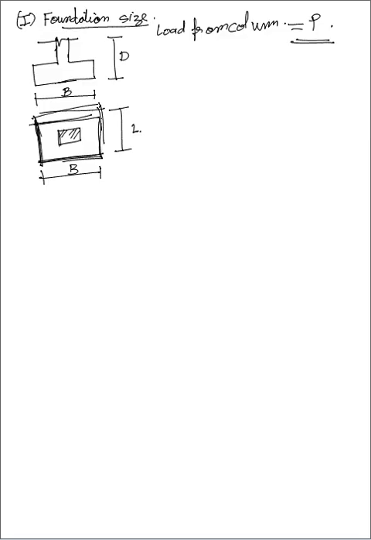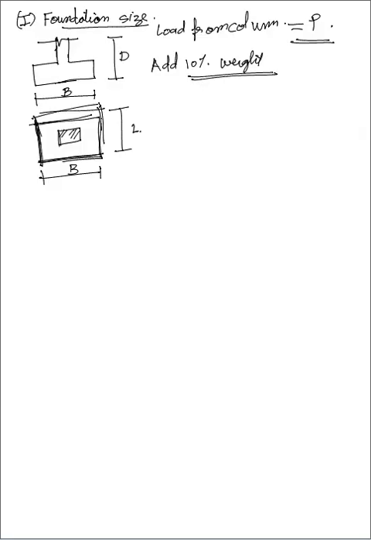Now we have to add 10% weight of the foundation. I have explained to you the difference between column and the difference between footing and foundation. So add 10% weight. Why 10%?